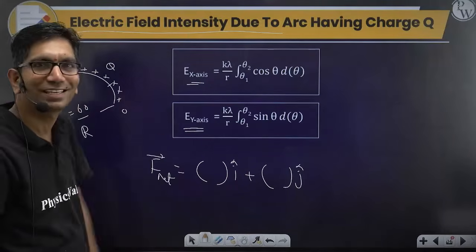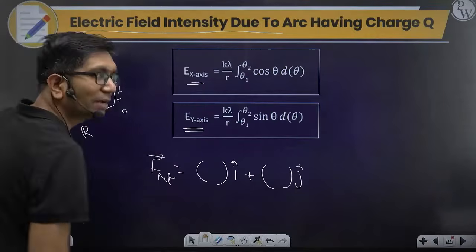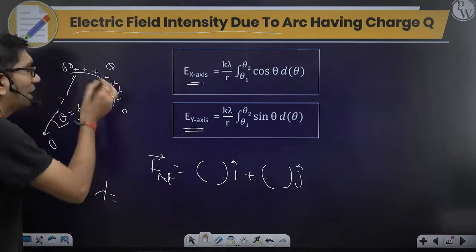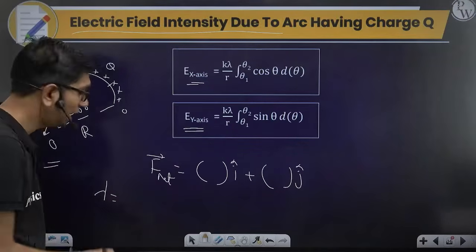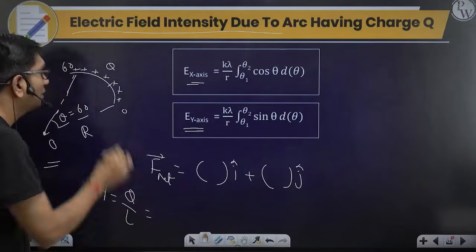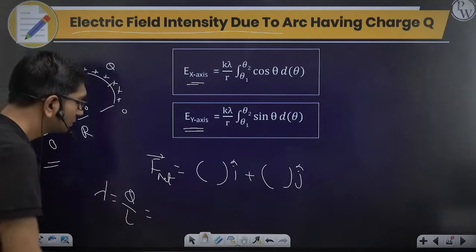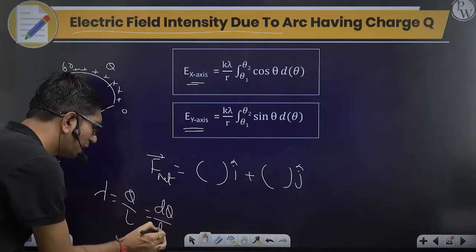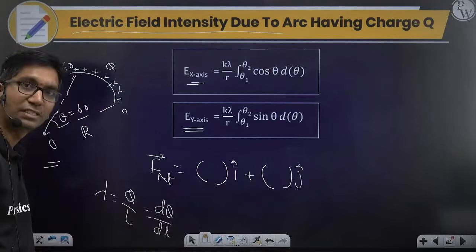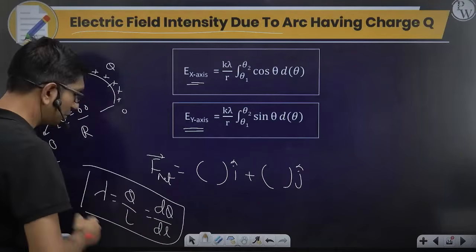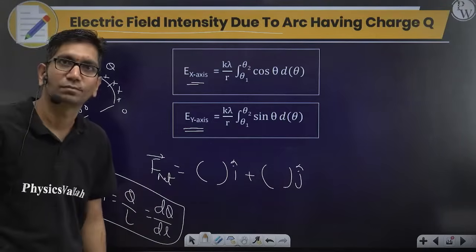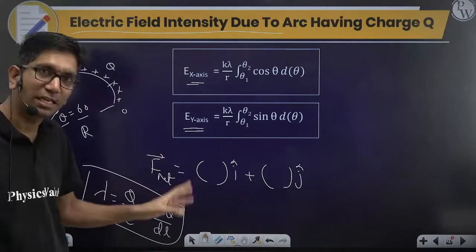That is the final answer. Is it clear, beta? What is lambda here? Linear charge density. Total charge by total length, the length of this one. Small charge by small length. Is it clear? Total charge by total length. Small charge by small length. Okay. Is it clear, beta?